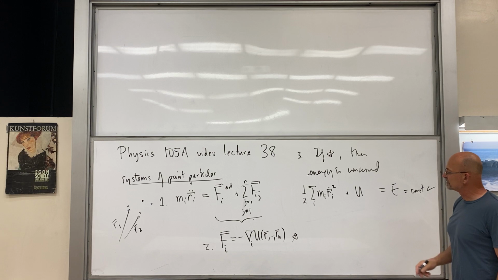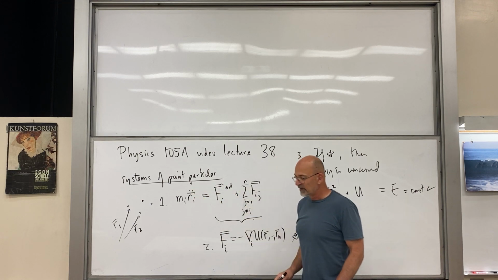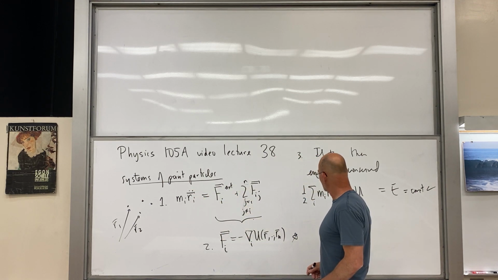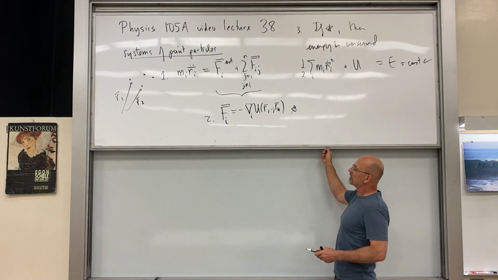Okay, so we showed that, and then we went on to the conservation of angular momentum. So I'm going to draw some attention to what we found there. I'll leave this up, point at it.